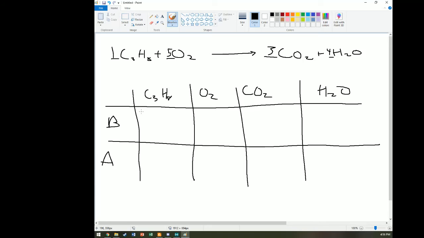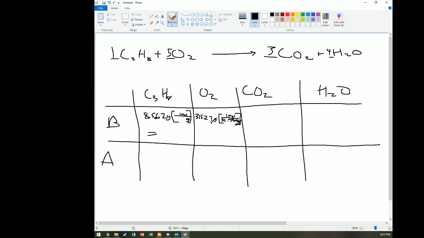So we are told we start with 85 grams, which I put through a conversion factor, and I'm also told we have 315.27 grams of oxygen. So the first thing I like to do, with the things I have, is convert everything into moles.